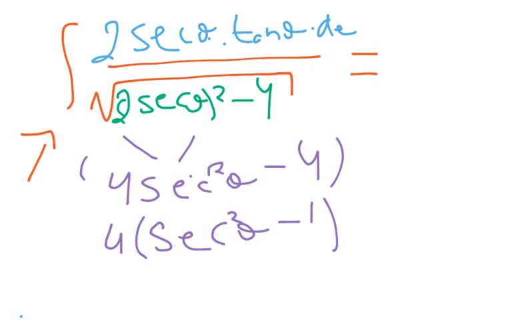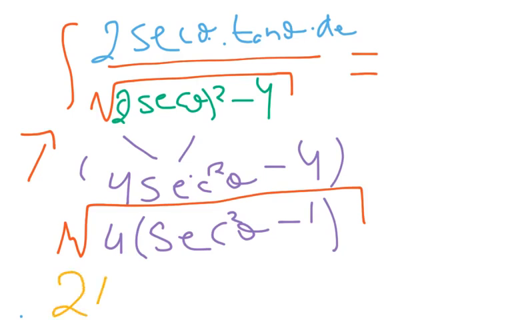I know that this looks alien, this looks strange, but it's not that bad actually. Since this is a product, we can take the 4 out of the square root, and because this was 4, this turns into 2, and then we've got this thing right here.